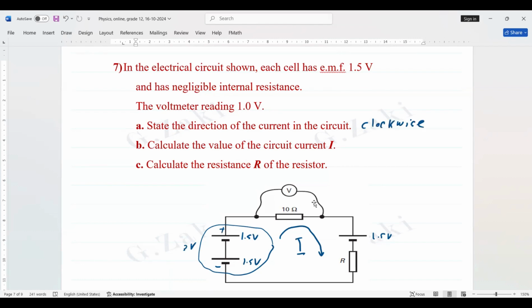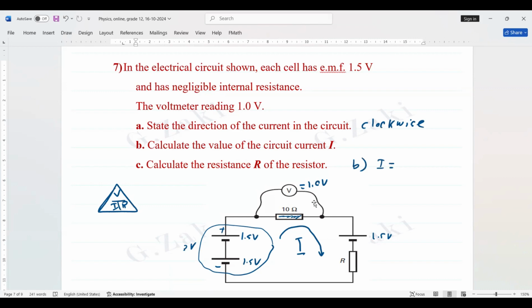Now, calculate the current I. He said the reading of the voltmeter is 1.0 volt and the resistance is 10. We apply Ohm's law. In part B, this is the current in the circuit, by the way.